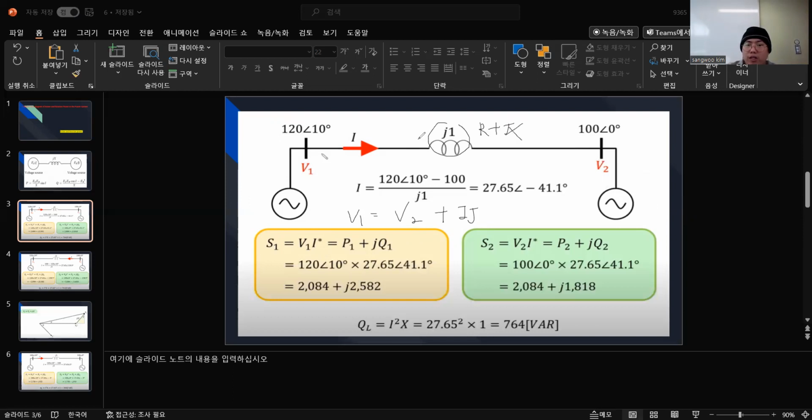But what I mean is that this time we ignore R, and generally R is so small, you know what I mean? So if we want the I, we can make this, right? V1 minus V2, divided by your jX, right?